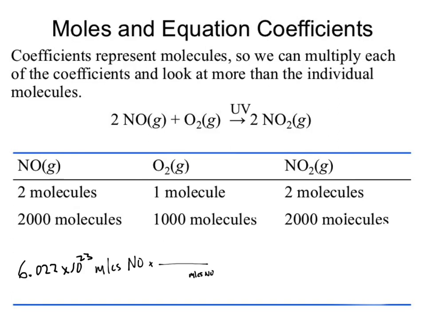Molecules of NO needs to disappear. I need molecules of O2 to appear. What number is tied to molecules of O2? 1 from the chemical equation. What number is tied to molecules of NO? 2. What do I do? Divide by 2, and the answer becomes?